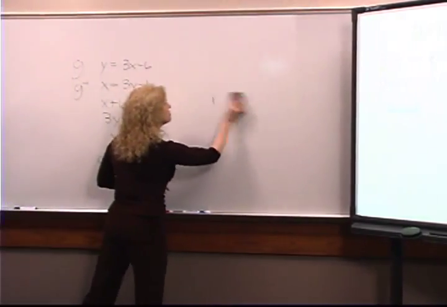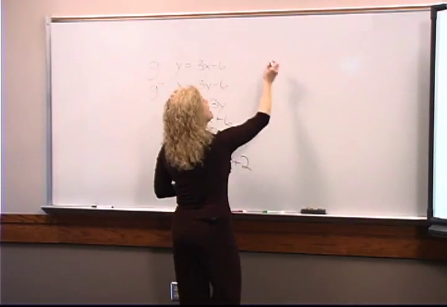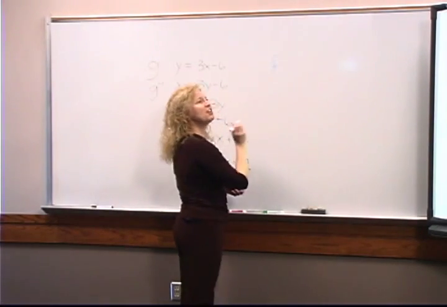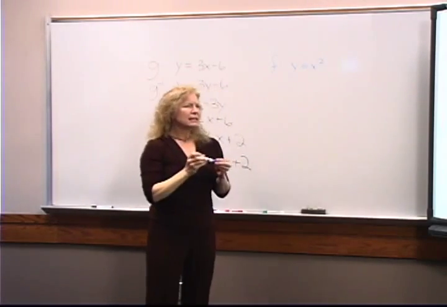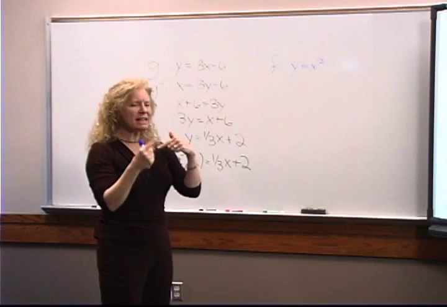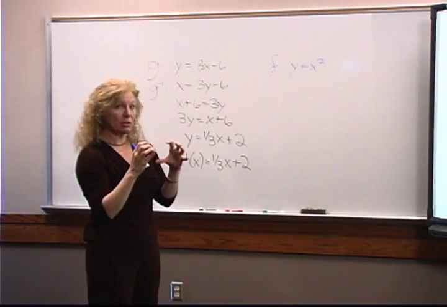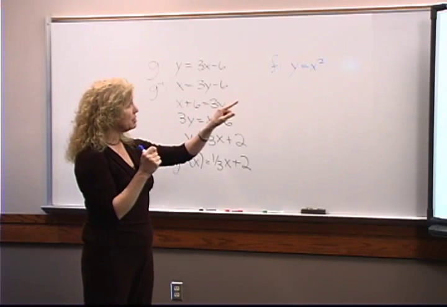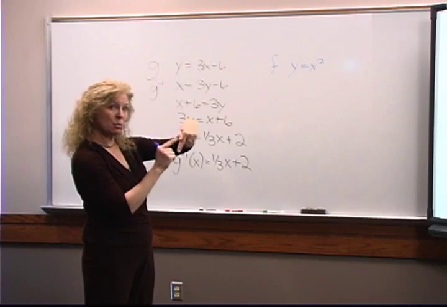So let's come over here. Let's see. f is the function where y is equal to x squared. Now, you realize I am rewriting that because we want to get the y worked in there. Because you know that to get the rule for an inverse, I switch x's and y's.